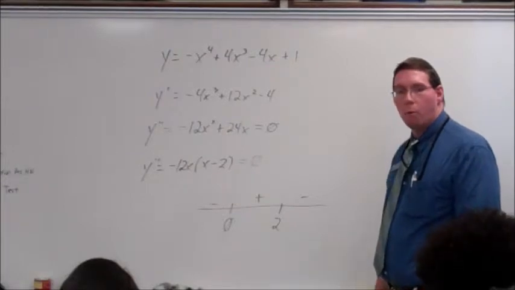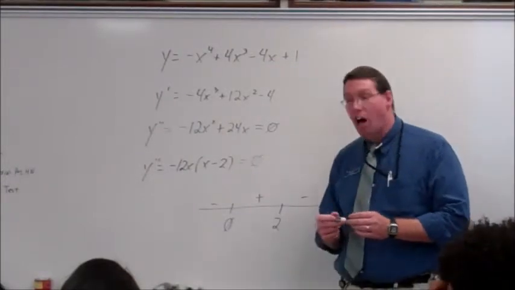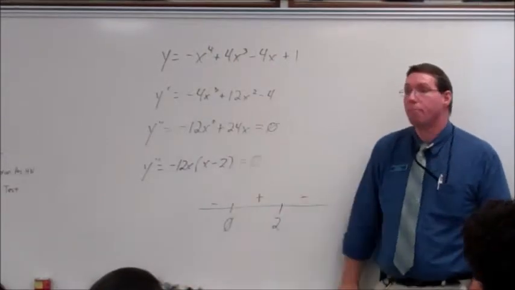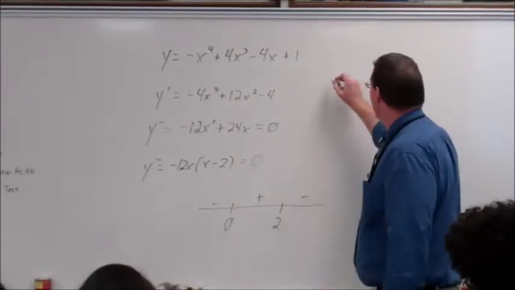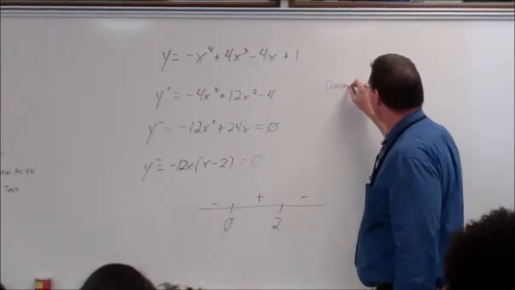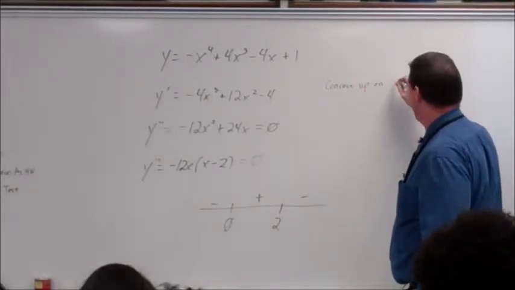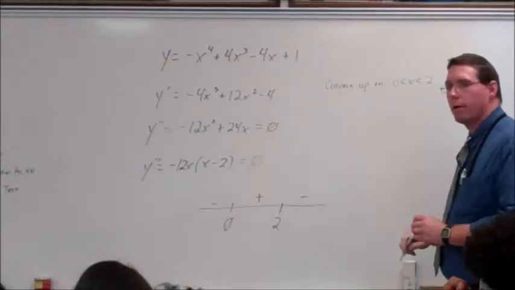So somebody give me an interval where this is concave up? Where y is concave up, not y double prime, y. Yes, so from 0 to 2. So we are concave up on the interval where x is between 0 and 2.